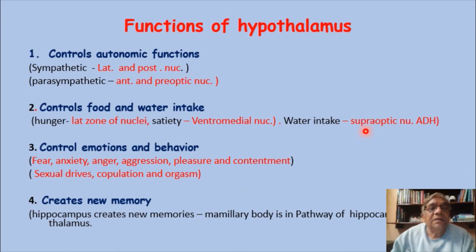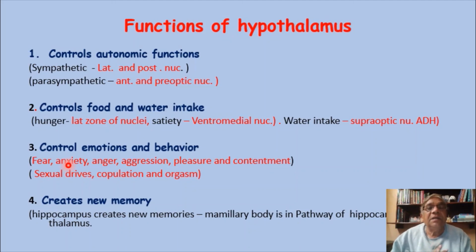Where I was, I was talking about the water intake. The supraoptic nucleus, which produces the antidiuretic hormone, ultimately controls the water intake. So food and water intake is controlled by the hypothalamus. It also controls emotion and behavior: fear, anxiety, anger, aggression, pleasure, and contentment.